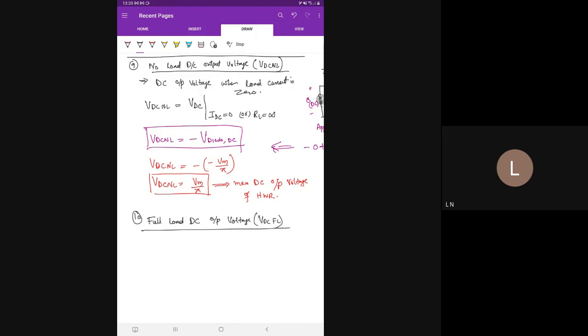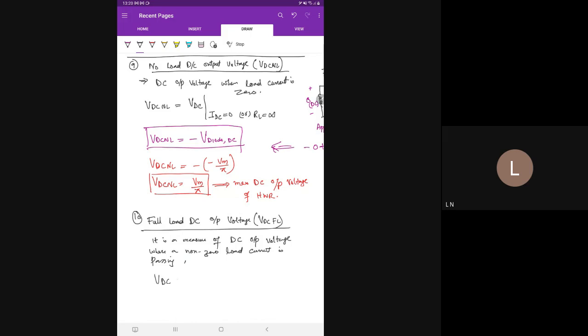Now this parameter is a measure of the DC output voltage when a non-zero load current is passing through the circuit.